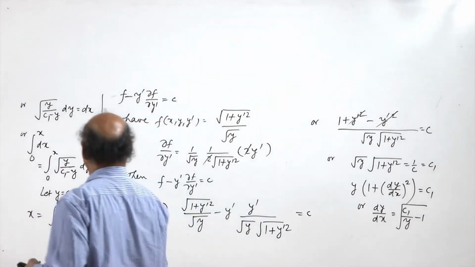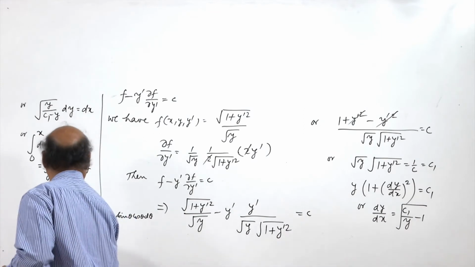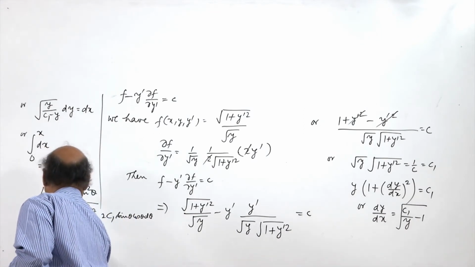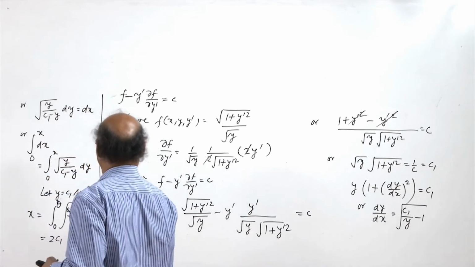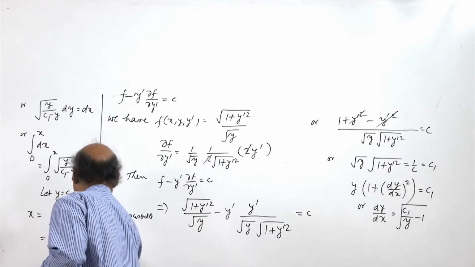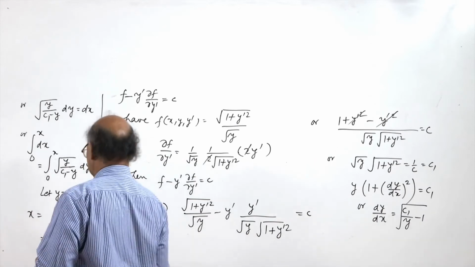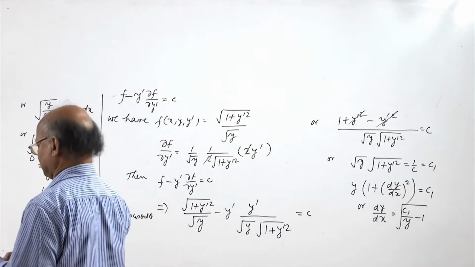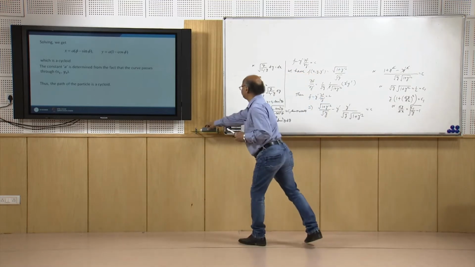So c1 cancels out here, and we get 2c1 integral 0 to theta, and then cos theta will cancel with cos theta, and we shall have sin square theta d theta. So what we have is this. Now we can integrate this.